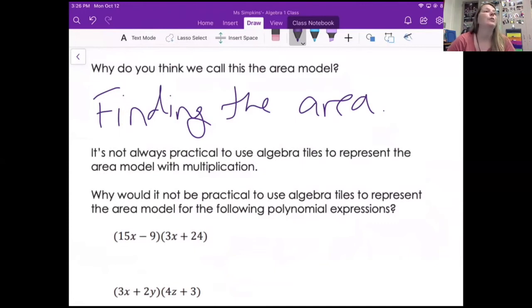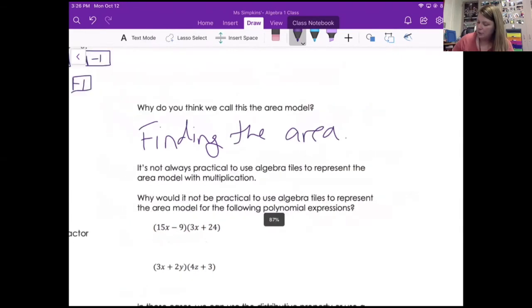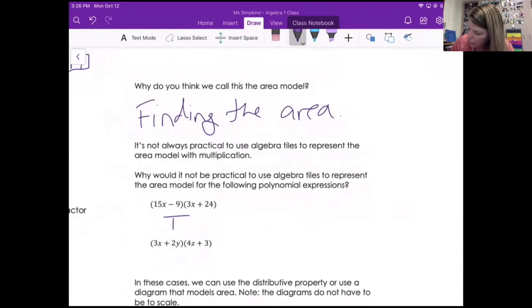You'd be dragging 216 ones over to that little thing. Yeah, I would never expect you to do that. So I'm going to come up with a different way to do this. So that is not practical because it's too much time.